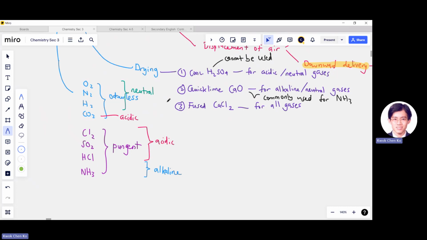There's only one alkaline gas in your list, right? Yes. So, I mean, it's all extras, but if you can remember, all the better: it cannot be used for ammonia. In other words, technically, conc sulfuric acid can be used for all the other gases, including the neutral gases. It only cannot be used for ammonia.